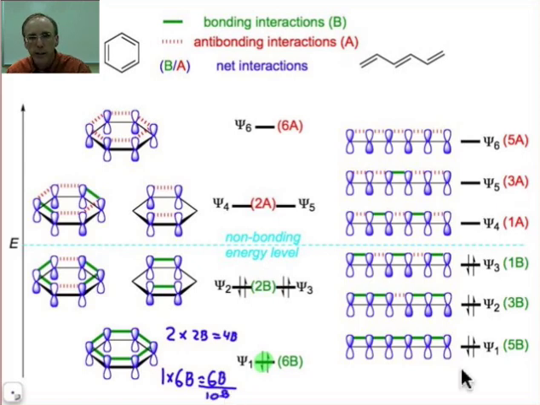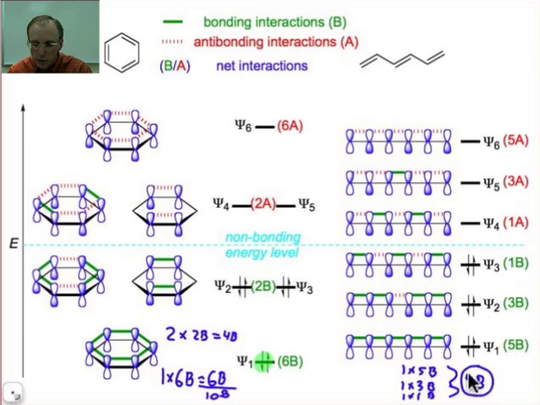If we look at the 1,3,5 hexatriene molecule, we have 1 by 5 bonding, we have 1 by 3, and we have 1 by 1. So we have a total, in the case of 1,3,5 hexatriene, of 9 bonding interactions.